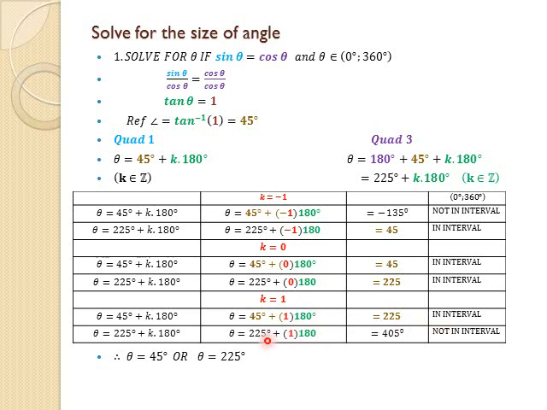If I use 1 with 225, it goes to 405, which doesn't fall in the interval 0 to 360. I could even use minus 2, that would give me minus 360 plus 45, but I have to look for answers in the interval 0 to 360.